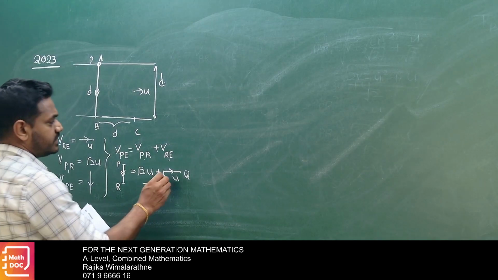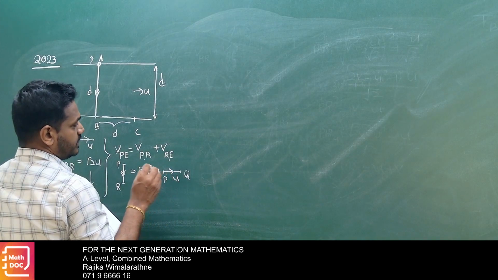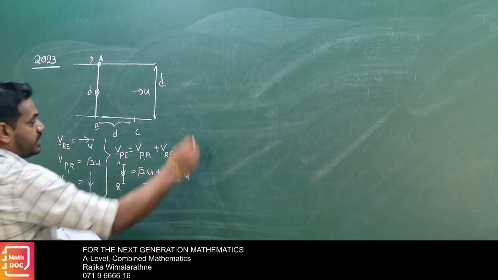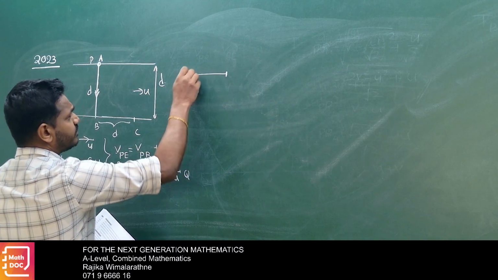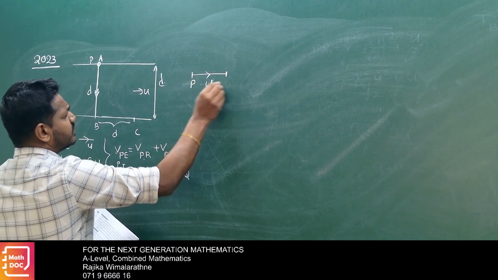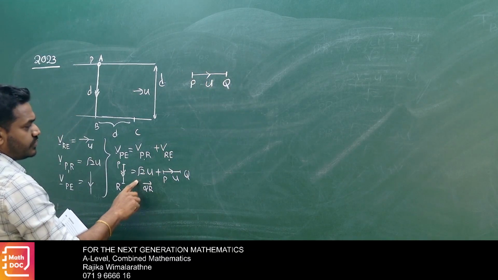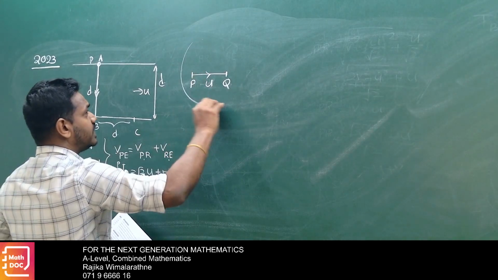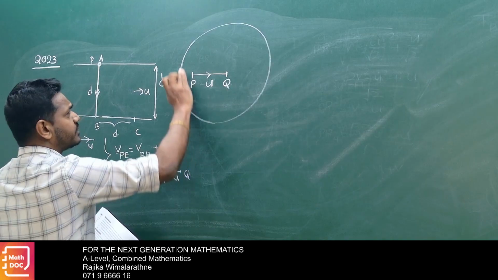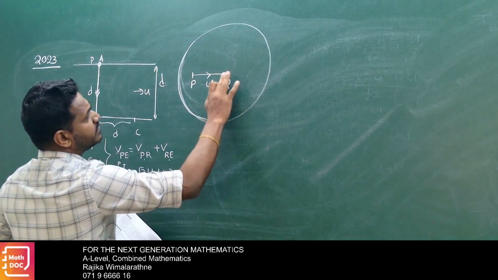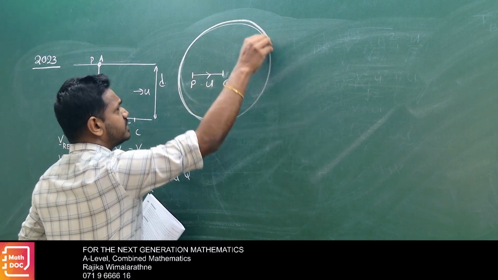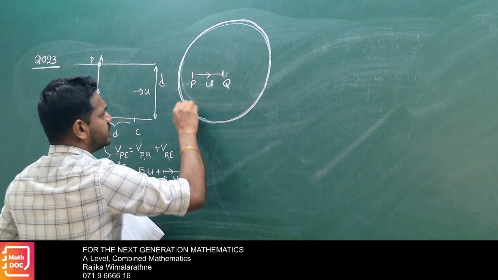Now start sketching the velocity triangle. PQ is u, and QR is root 2u, greater than u. Then with center Q and radius root 2u, draw a circle of possible R points.